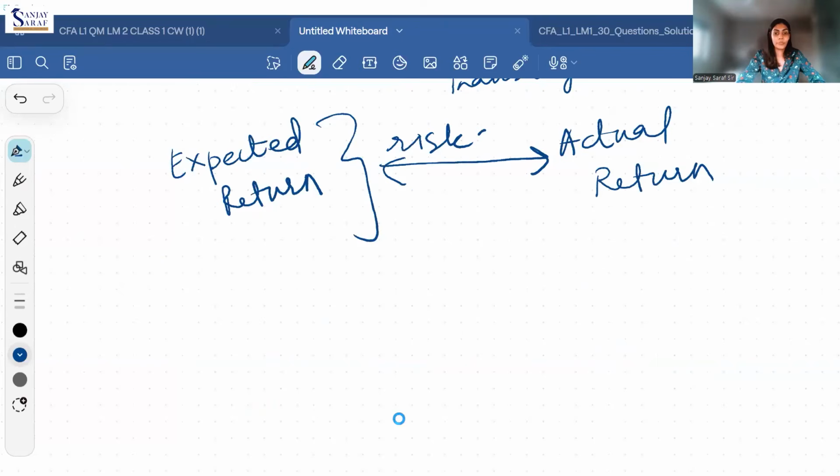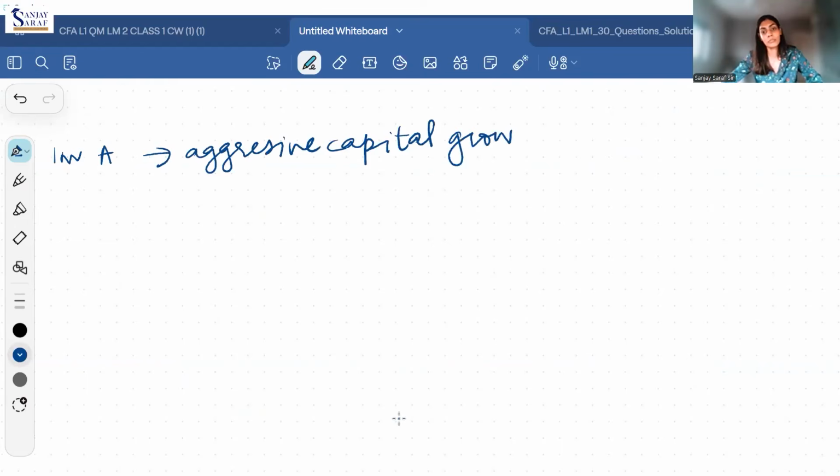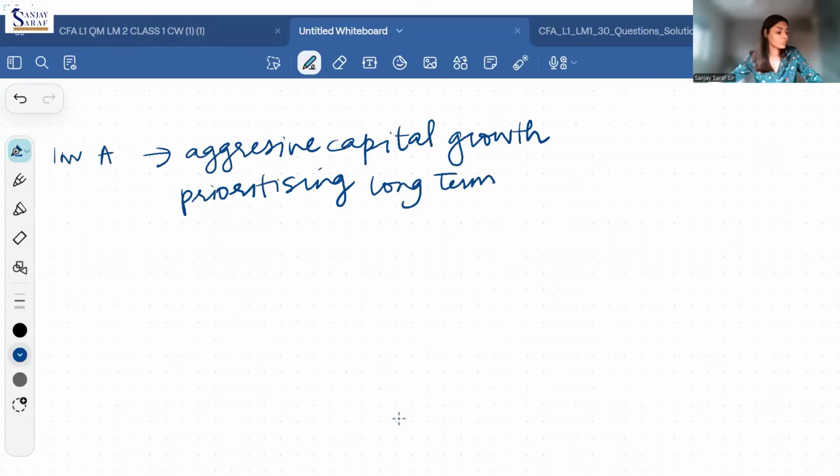So we have investor A. Investor A is seeking aggressive capital growth, prioritizing long-term capital appreciation.